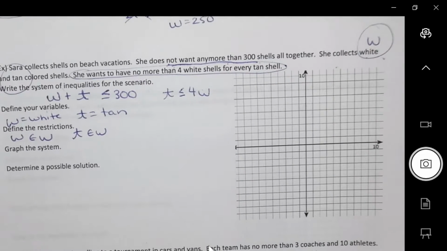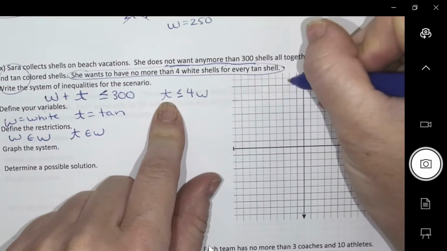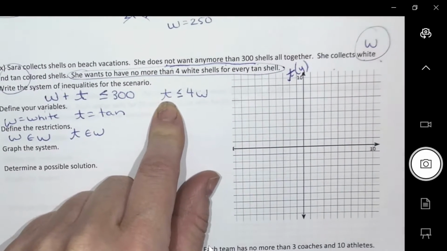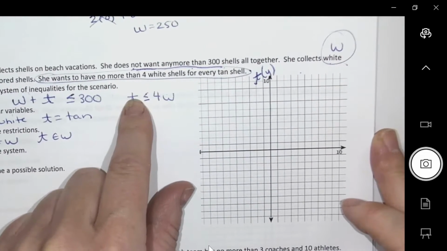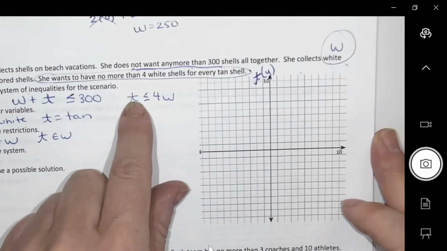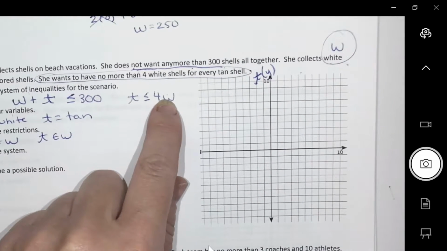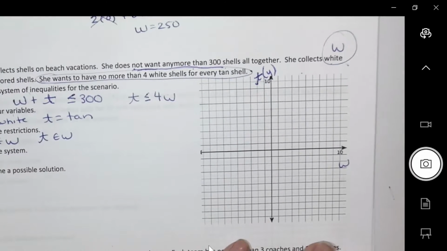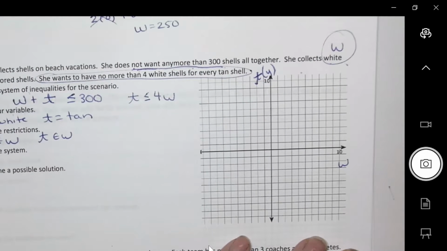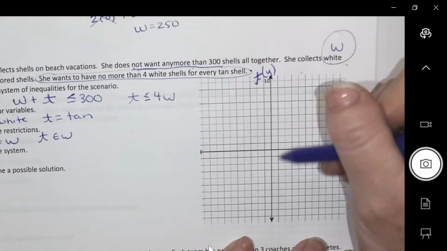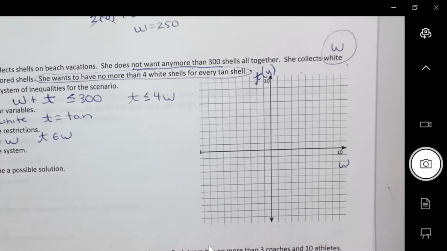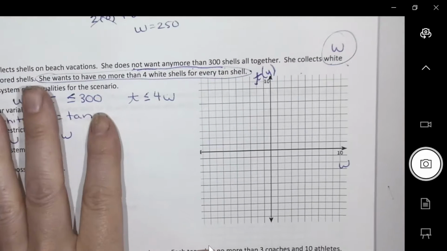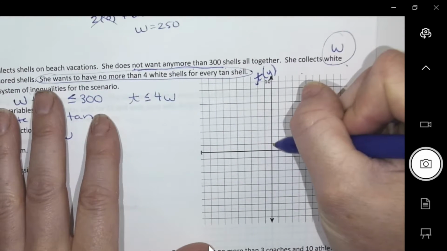Okay, now graphing this system, I'm going to put T as my Y variable, and I'm picking that because of this statement, Y equals 4x, that's the idea, and W there. So I would like to somehow go on my axis that I need a 300 high.